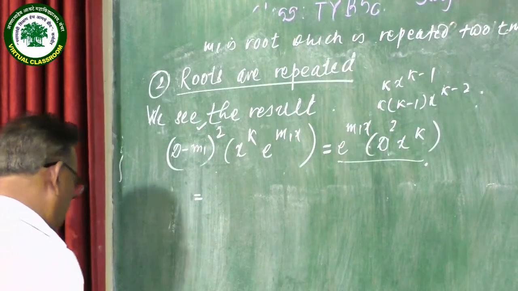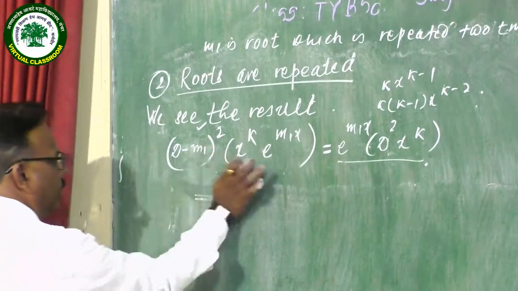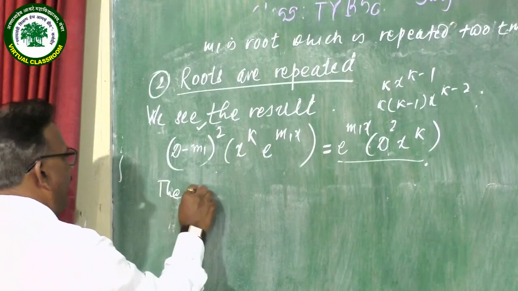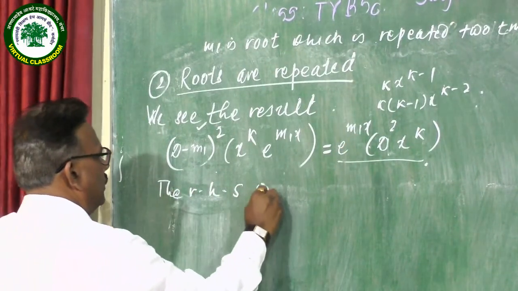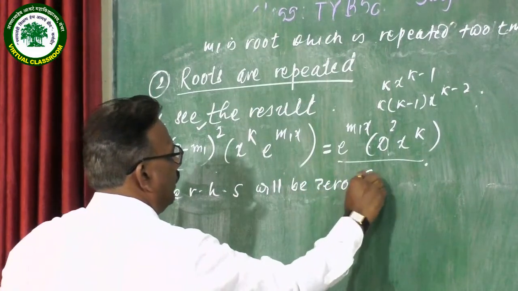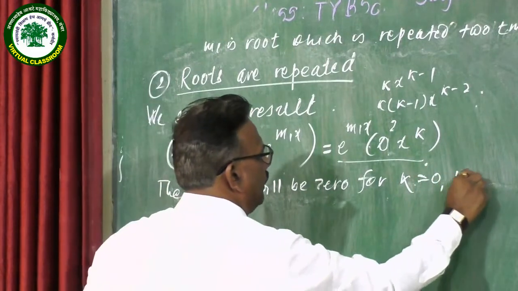Therefore, we can consider the right hand side to be 0 for k equal to 0 and k equal to 1.